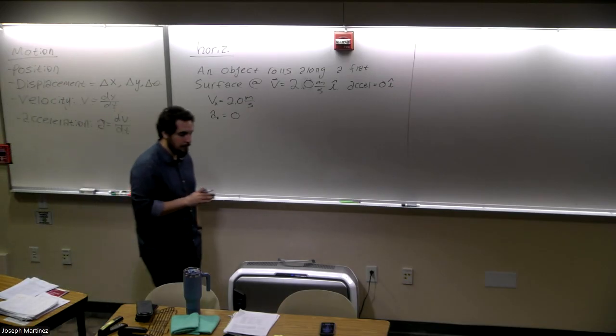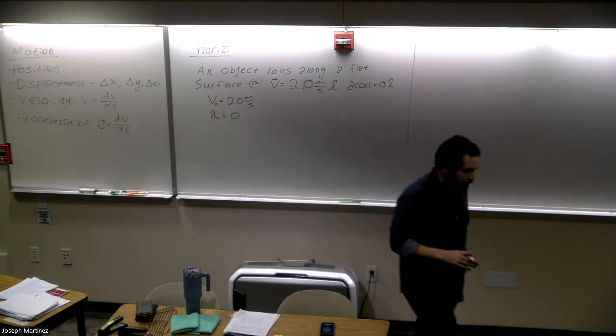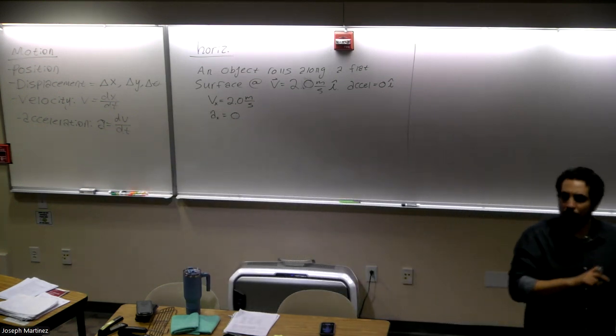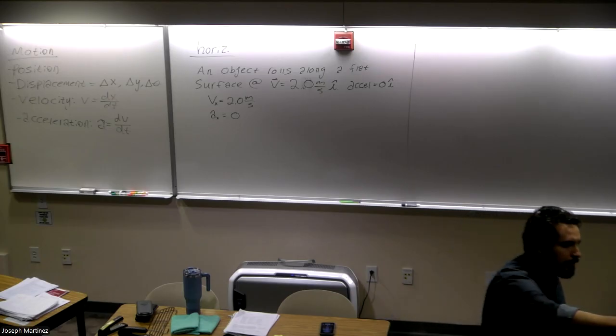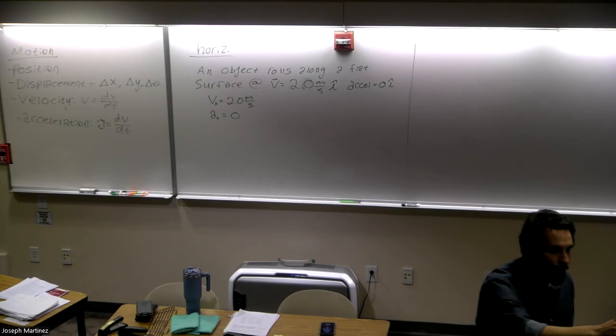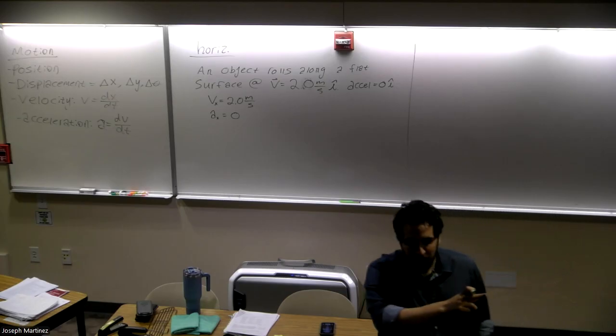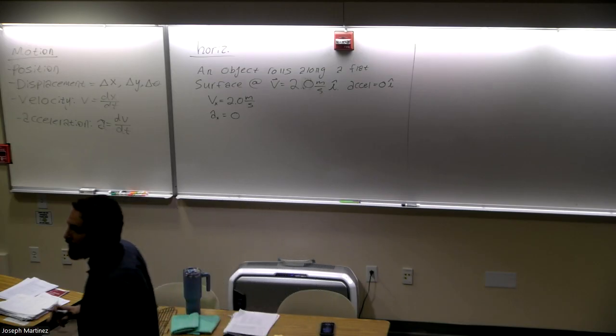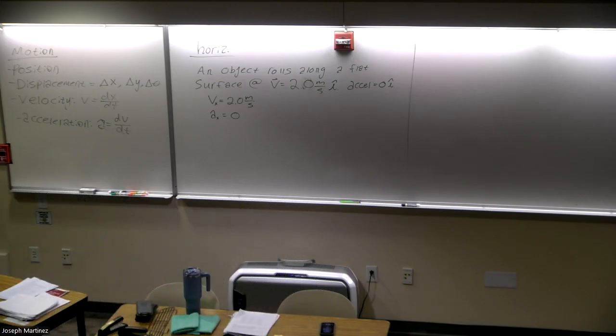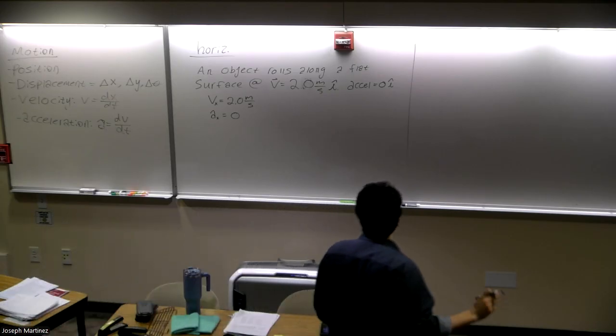Yes? So that means the velocity will be constant, right? Absolutely. The velocity is constant. How did you know that? Because if acceleration is 0, every velocity will stay the same. Exactly. If your acceleration is 0, that means your velocity is unchanging. Acceleration is how quickly your velocity changes. So if acceleration is 0, that means you have no change in velocity. That means velocity is constant.